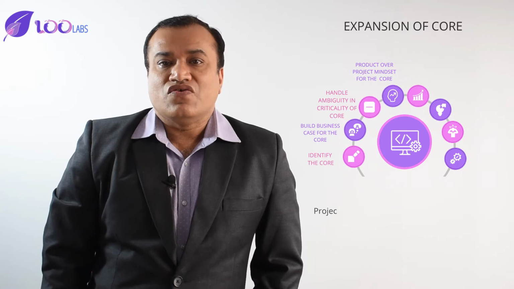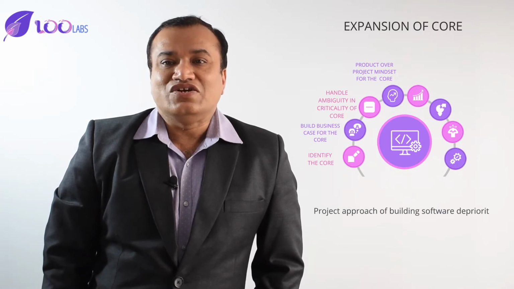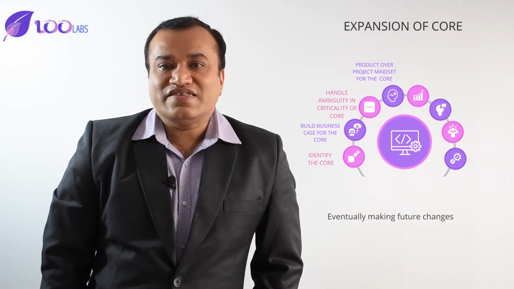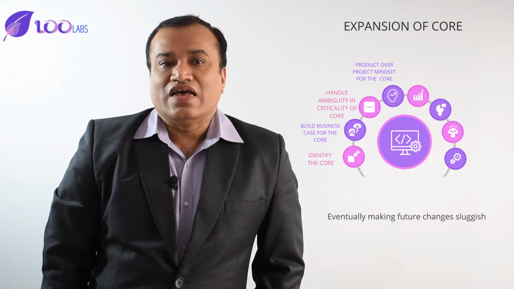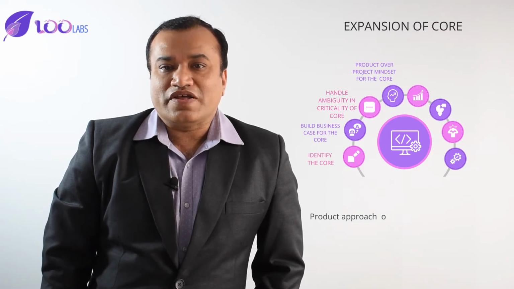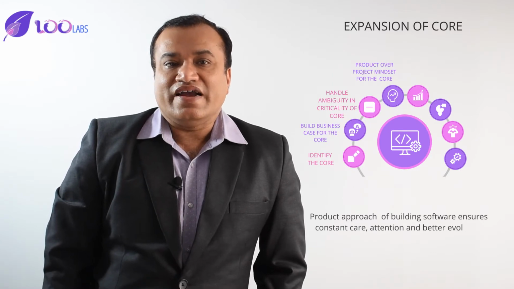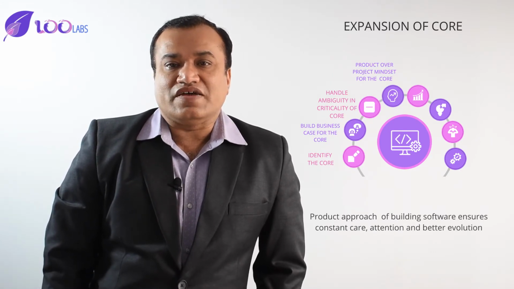When software is built with a project approach, very less thought is given to code maintenance, architecture considerations and quality. This leads to sluggishness in future changes. By approaching the core part of the application with a product mindset, it receives constant care and attention and evolves better with time.